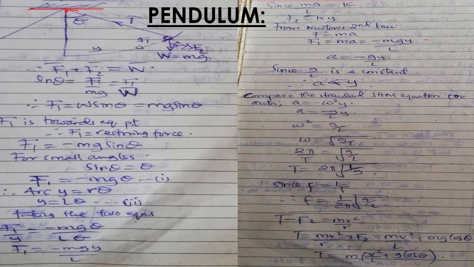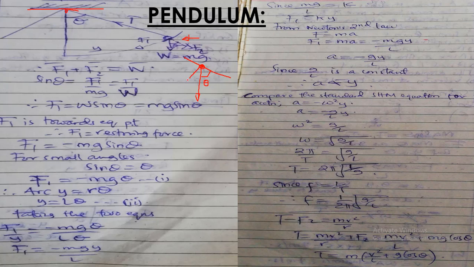If we look at this body, it has weight acting downwards, and if I can magnify what is here, we have the weight acting downwards, we have the string that goes there, and this is the body. Here there is an angle theta.